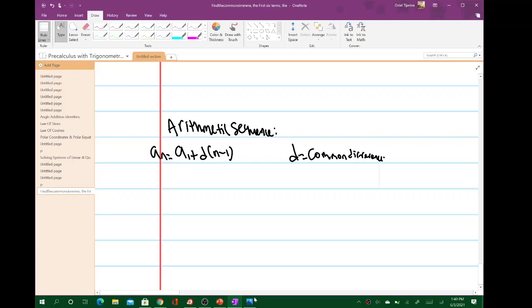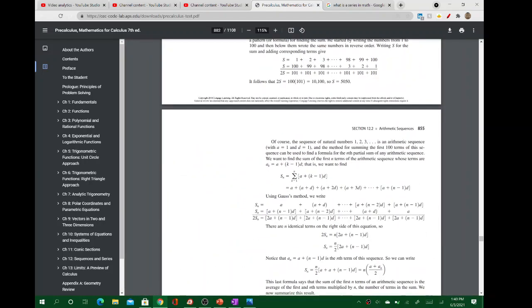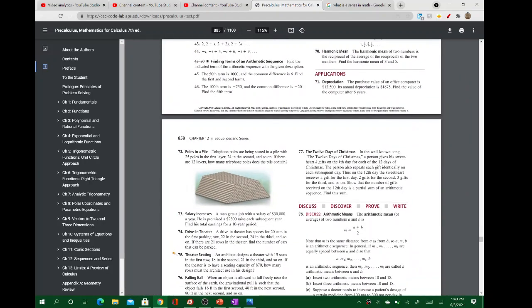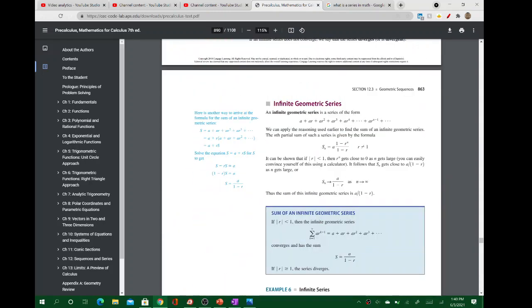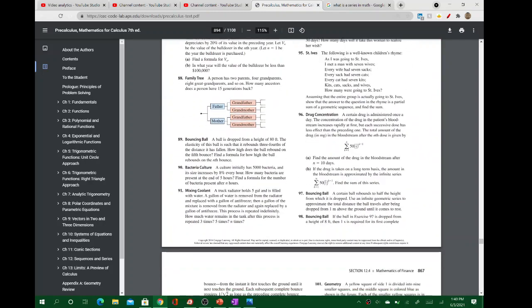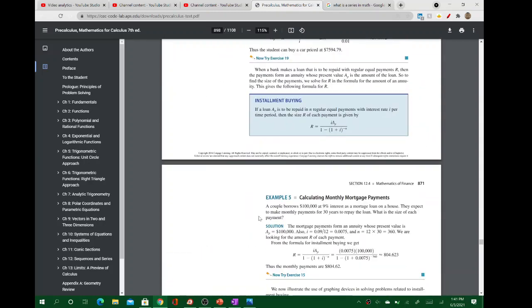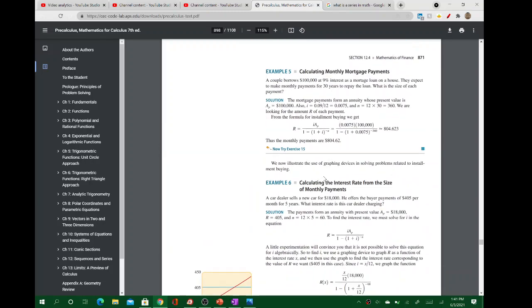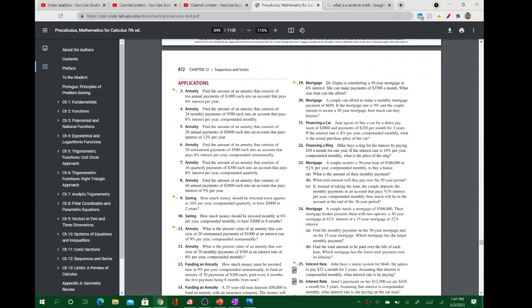Actually, let me go to the review. I'm going to do as many problems as I can. I'm not going to do all of it because I didn't go over every section in this chapter, only because once you get here, this is just the application part of sequences and series.